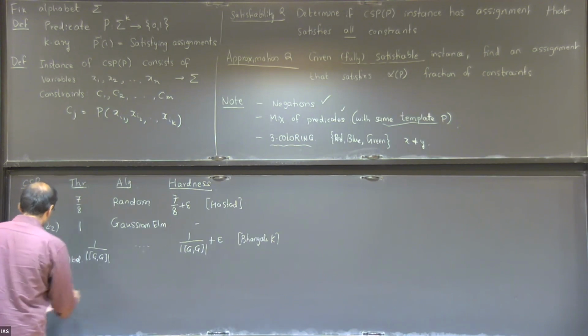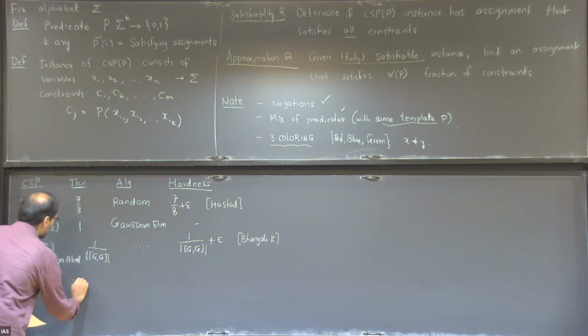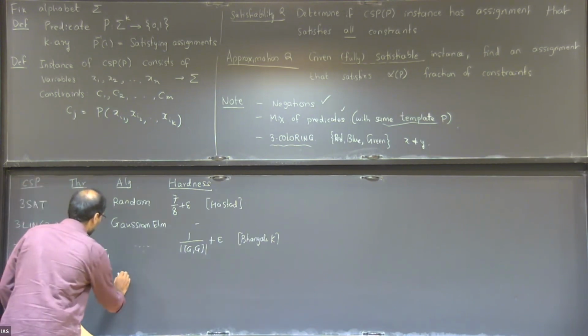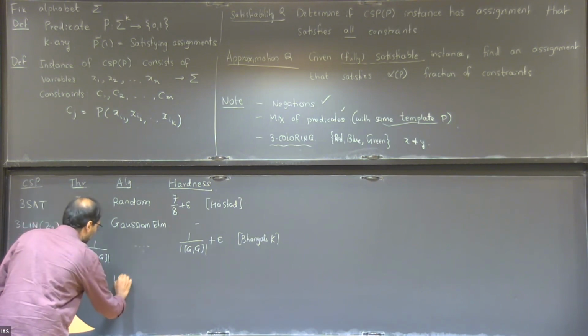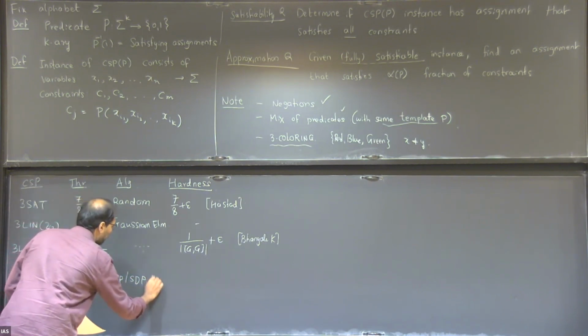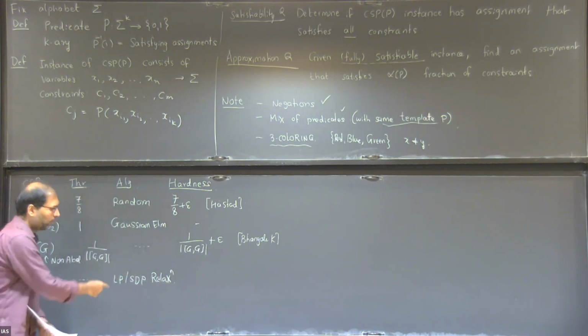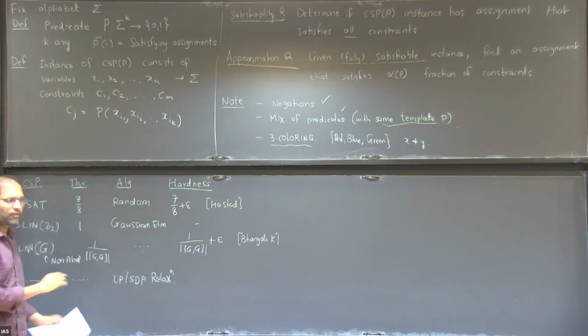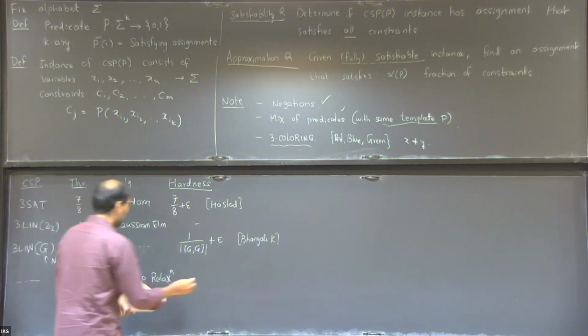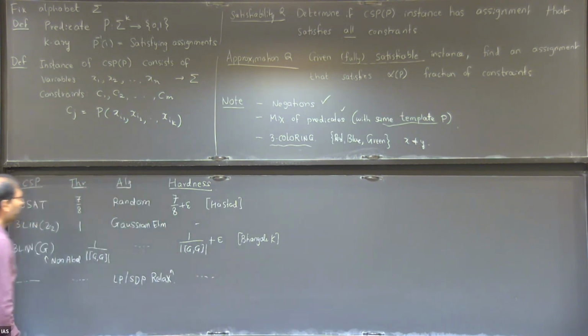and there are many other CSPs where we know that the best algorithm is given by a linear programming or semi-definite programming relaxation. Don't worry if it is not clear what this means. It's some standard algorithmic method, and there are matching hardness results.